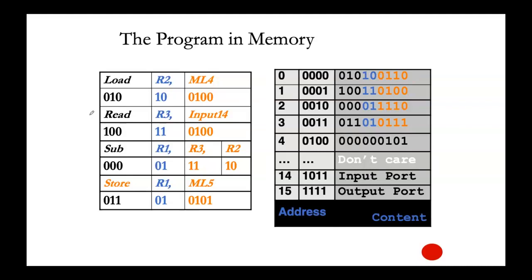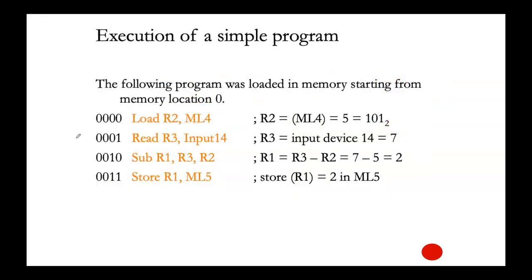Similarly, the next instruction is the read instruction. For the read instruction, the opcode is 100, and R3 is 11. And for the input, suppose input 1 takes the 4th input-output device, then it is written as this one. It will be stored in the 2nd location in the main memory.